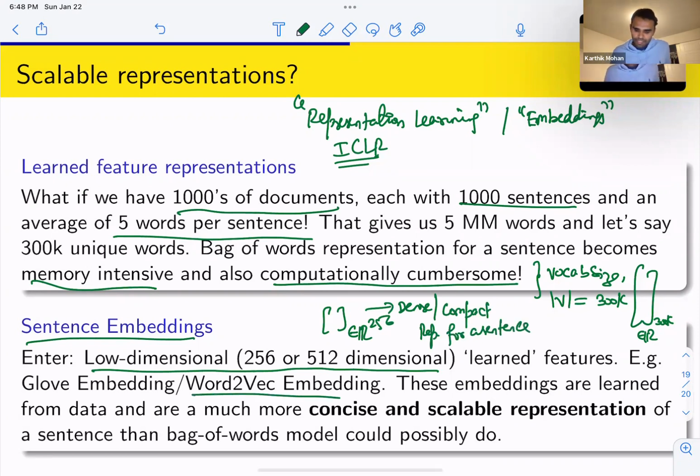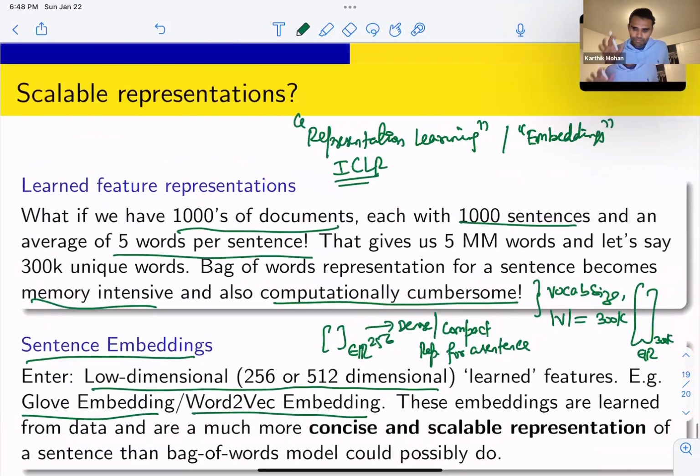Some examples that help us learn these are word2vec embedding and GloVe embedding. These are non-contextual embeddings for words, which you can combine in a sentence to get a sentence embedding as well. These embeddings are learned from data and are a more concise and scalable representation of a sentence than what you could imagine with the bag of words model. So we started with the bag of words model.